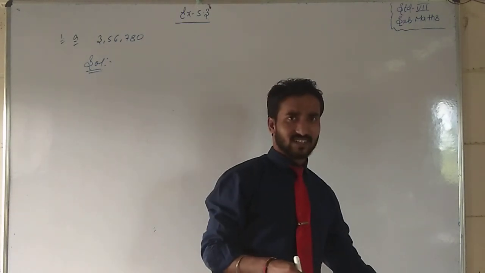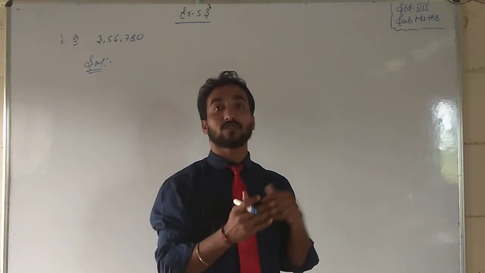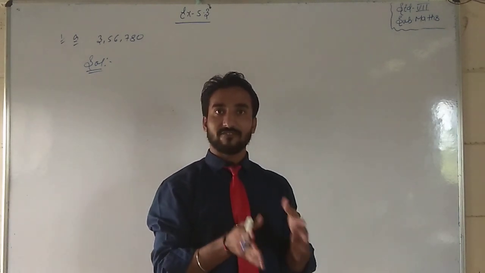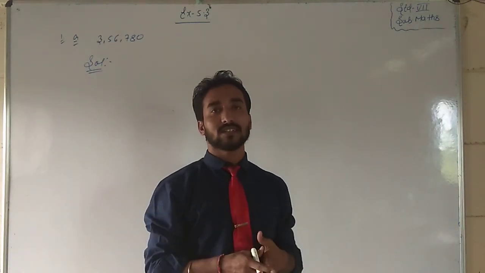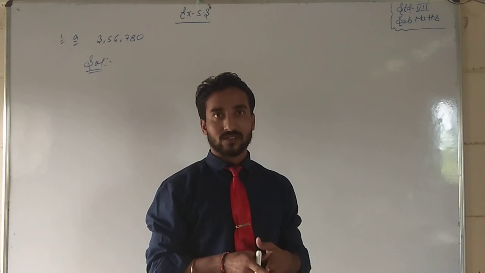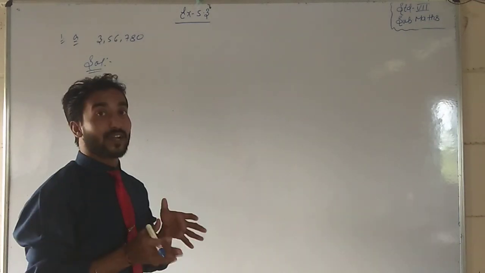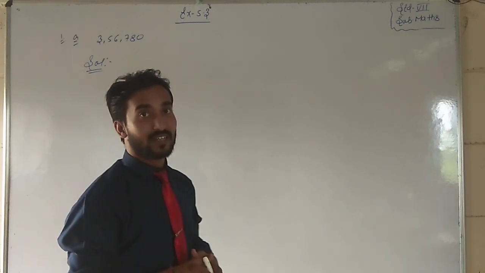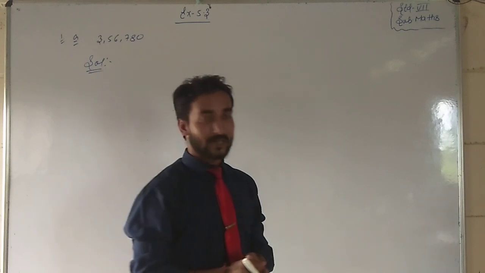It means you have to write according to place value. If you have studied place value, then you must know how to write according to place. But here you have to write in standard form, which means you write in exponential form, with exponents.